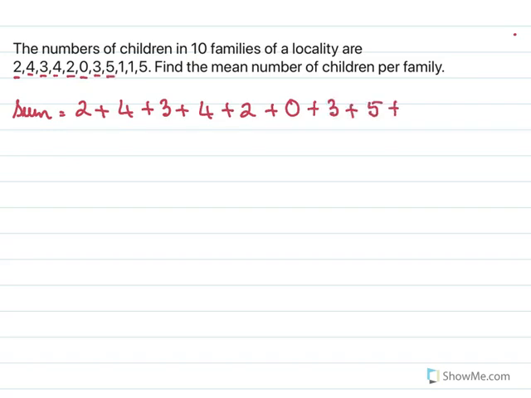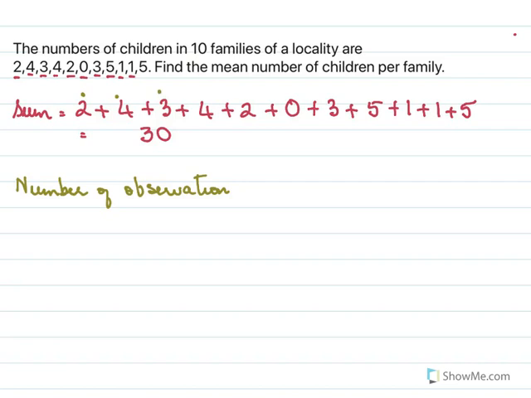You add 5, 1, 1 plus 5. So here the total or the sum is 30. Now the number of observations are 10. Here we have 1, 2, 3, 4, 5, 6, 7, 8, 9, 10.